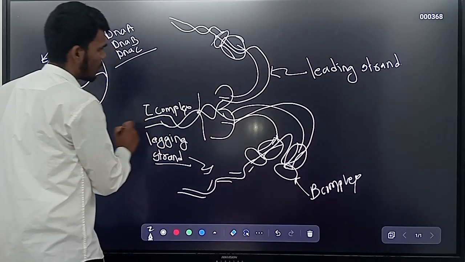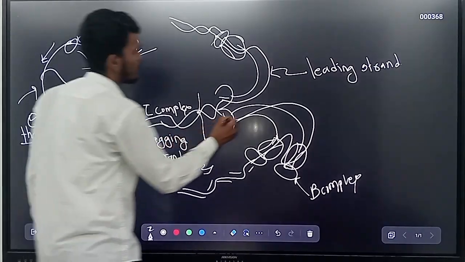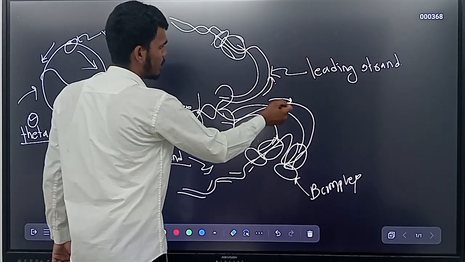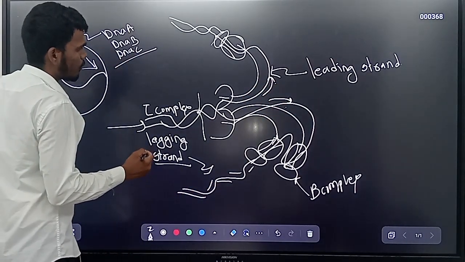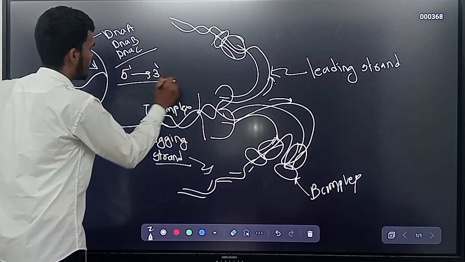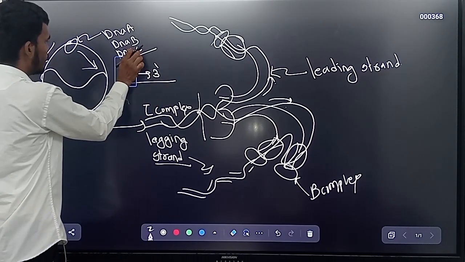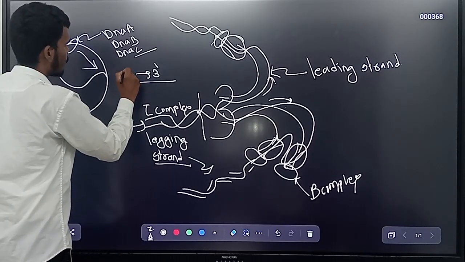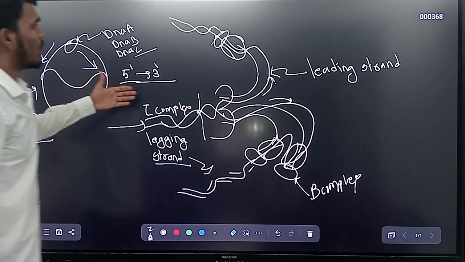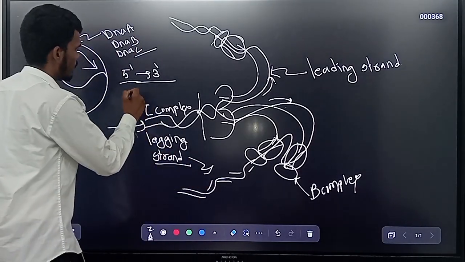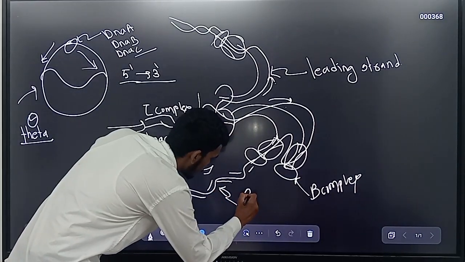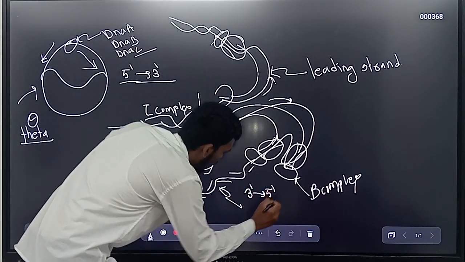This is the beta complex, and the polypeptide chain formed here will be of lagging nature.